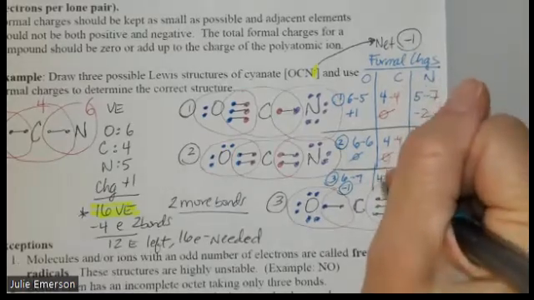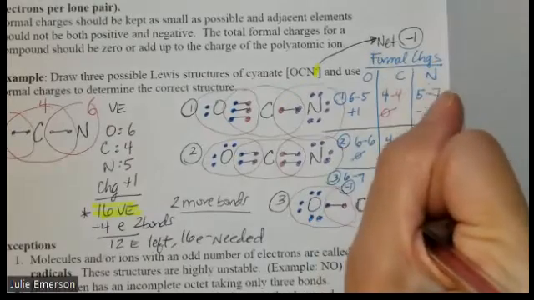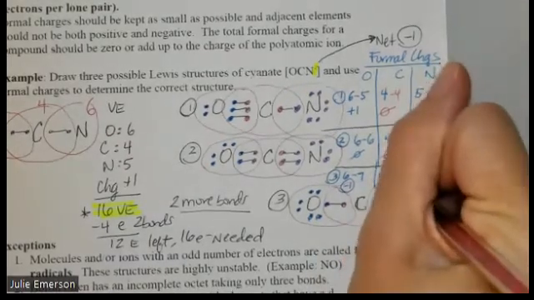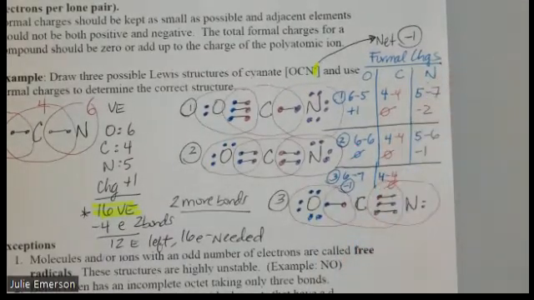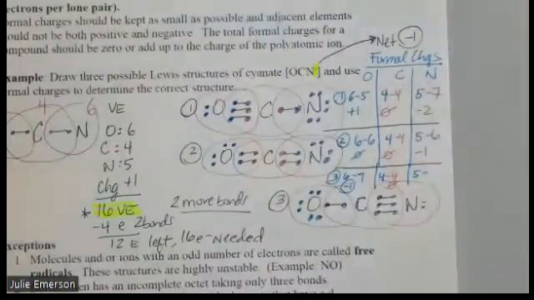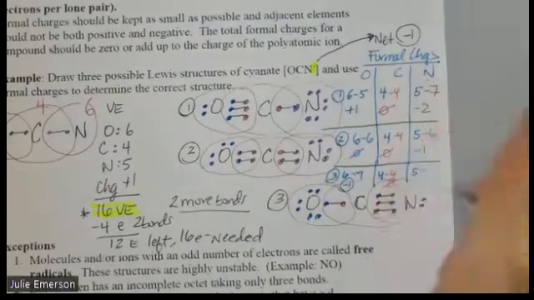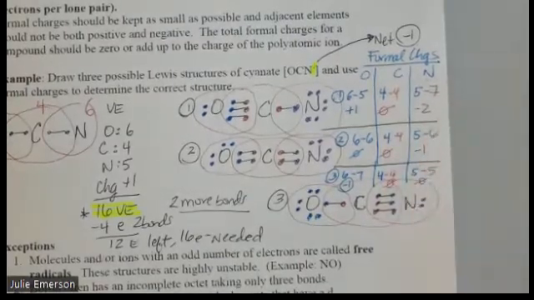Then the carbon comes in with 4, and we've assigned it 1, 2, 3, and 4. So carbon goes to 0, so that's good. And then my last one here, the nitrogen comes in with 5, and we've assigned it 1, 2, 3, 4, and 5. So it's also gone to 0.